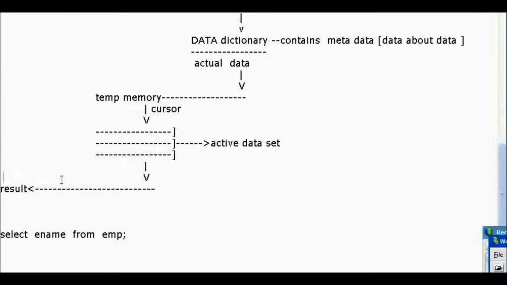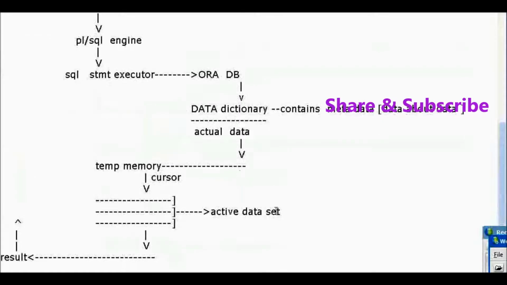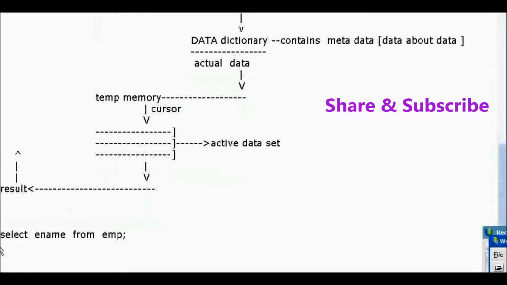The result will be displayed to the client. This is the process. So how many queries are you writing here? Only one query. So how many hits to the database? Only one hit.